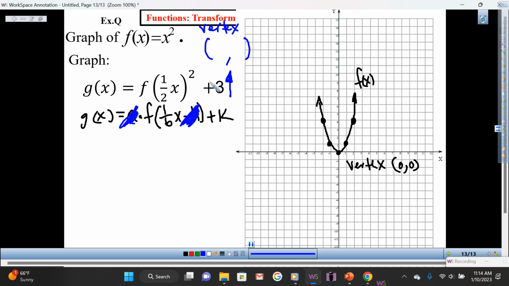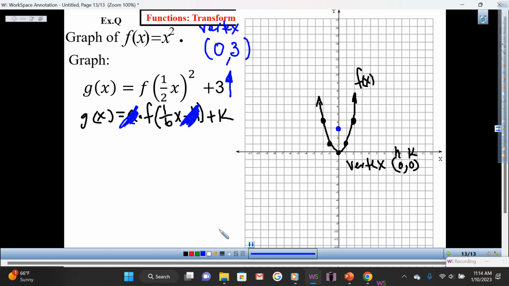The vertex is as follows: this one is h, and this one is always k. So question, did we have an h, guys? No, so what would we write here? 0, that is correct. And what is k? 3. So that means our vertex is going to end up right there. So plot your blue point right there. We're making that prediction, okay?